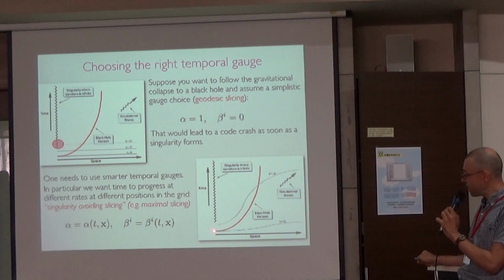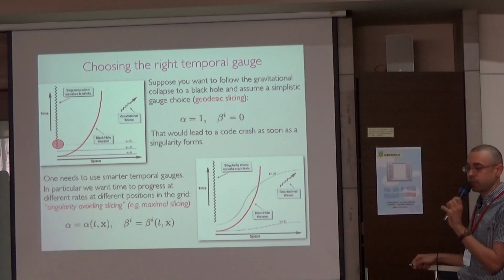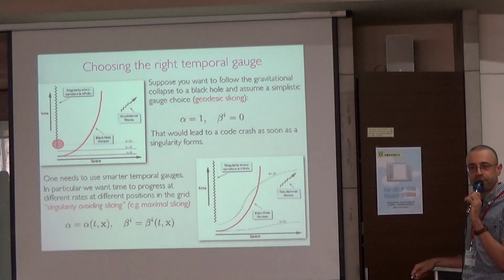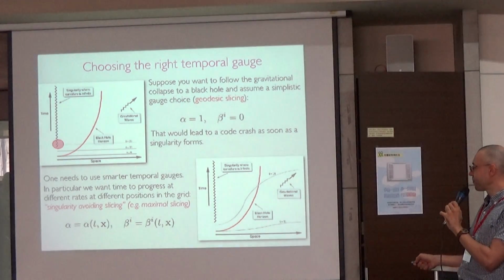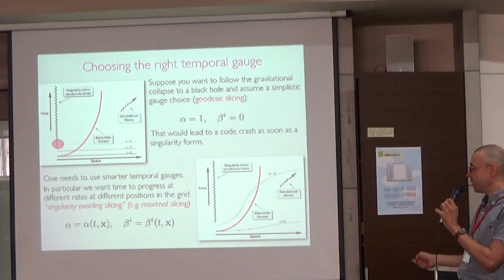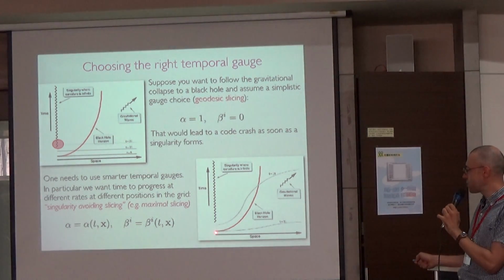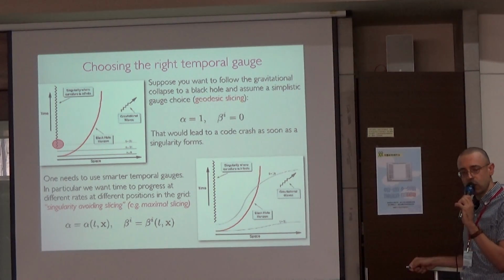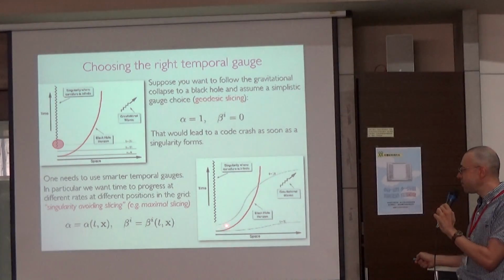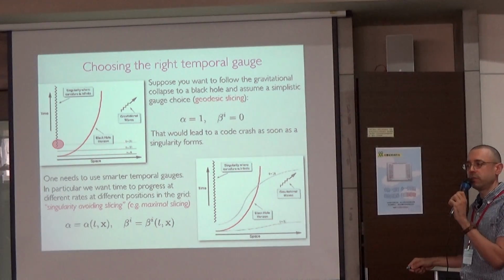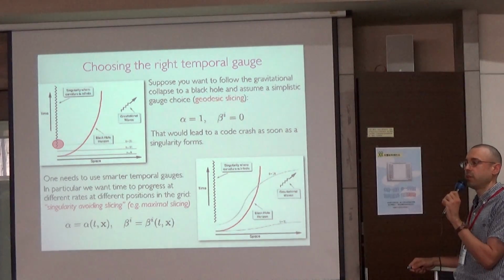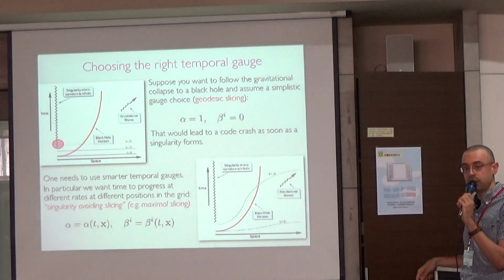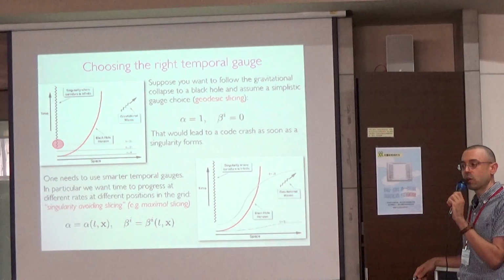But they don't advance much in time near where the singularity will appear. So that, well, if you're clever enough with your gauges, you can contrive one so that the points near where the singularity would form will never reach the singularity. So there will never be an infinity on your numerical grid, and so hopefully your code will not crash.